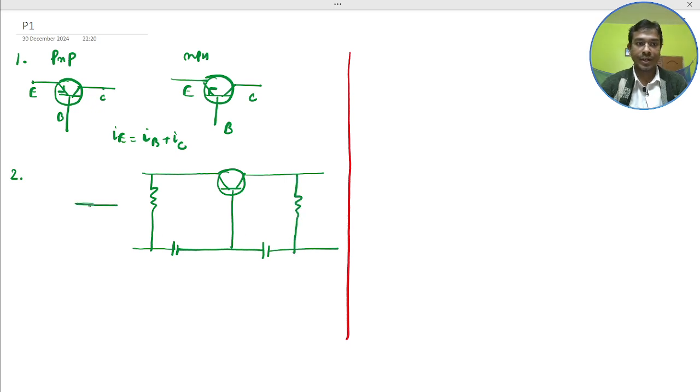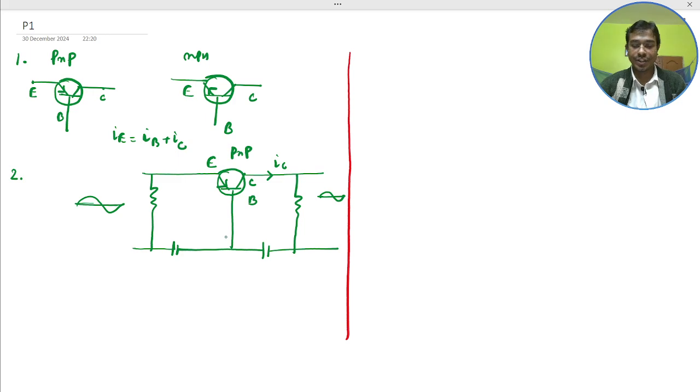this is the input signal sine wave, output should also be the sine wave signal, where this is emitter and here collector current IC, this is collector and this is base, current would flow from emitter to base.